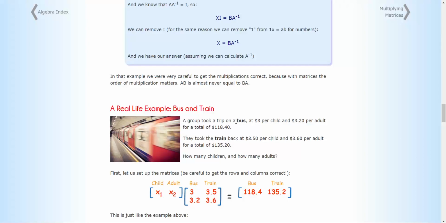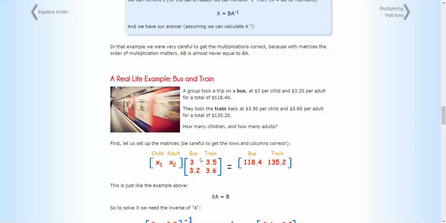And then we will have to plot for the matrix the values for the bus and the values for the train, and the price for each. Yeah, and we could also do it the way we would usually do it with functions, right?